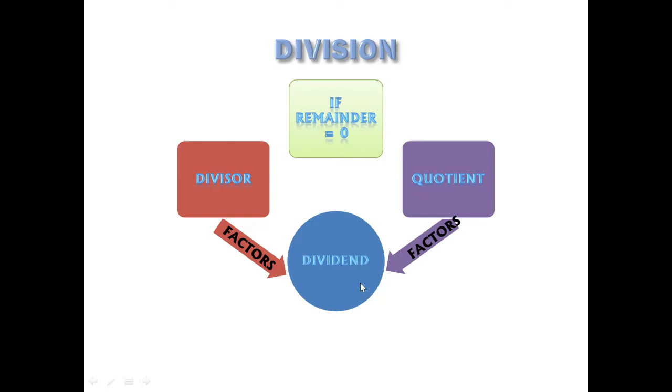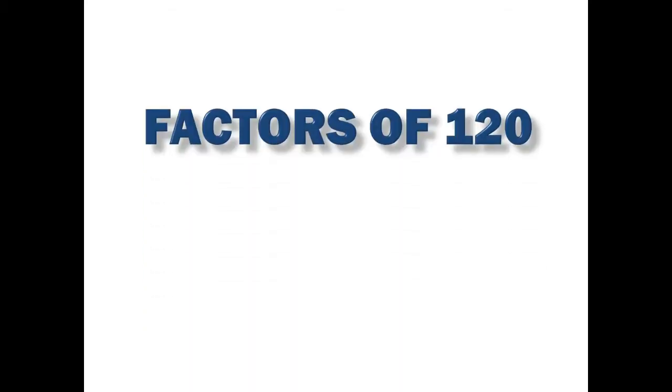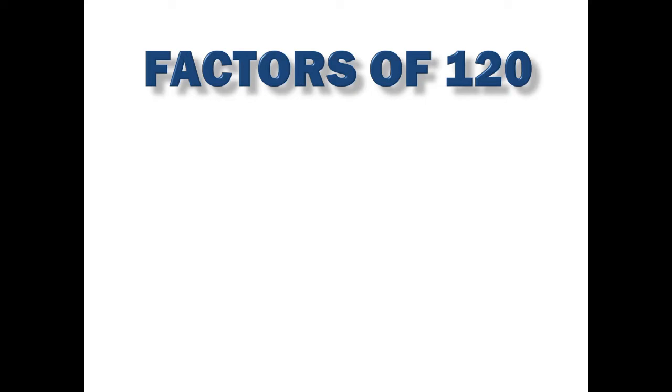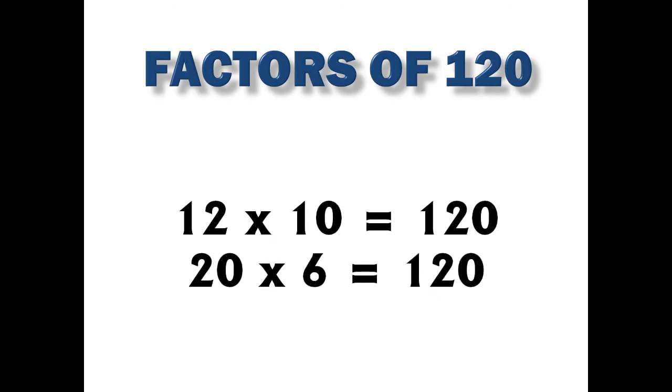So you can predict factors with the help of multiplication tables for as large as 3-digit numbers, but for 4-digit numbers or larger than that, it is a bit difficult for you. For example, you can predict factors of 120 because you know that 12 tens are 120 and 2 sixes are 120. So 12 and 10 are factors of 120.